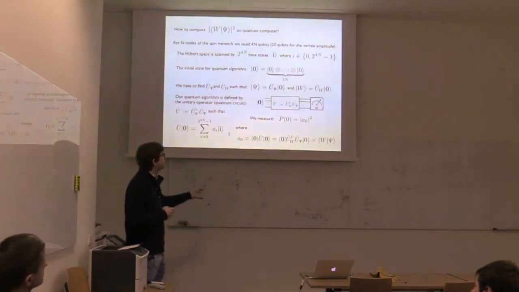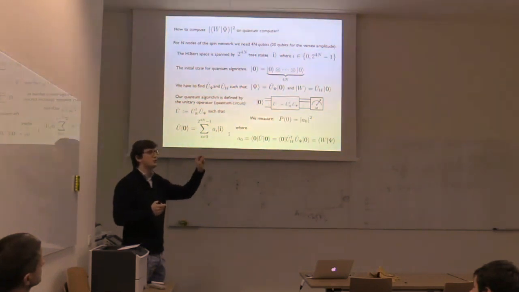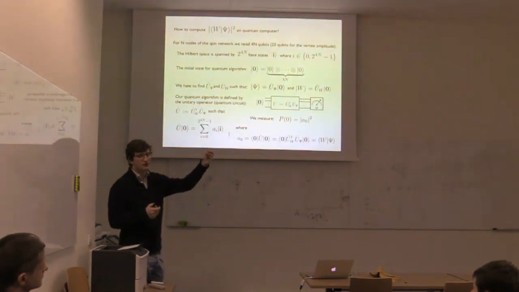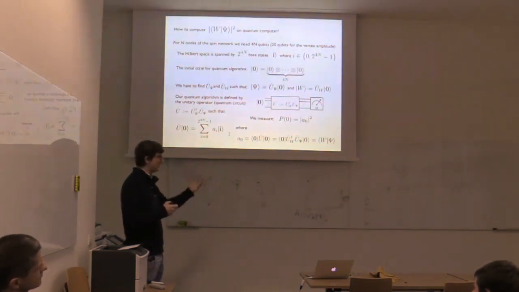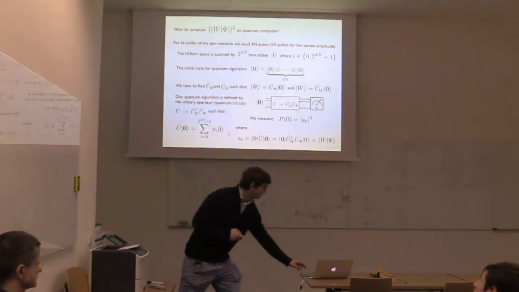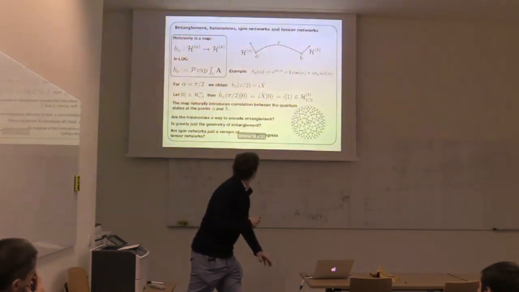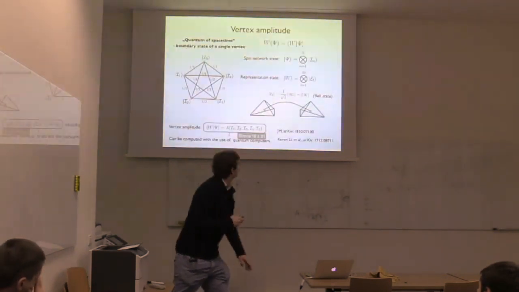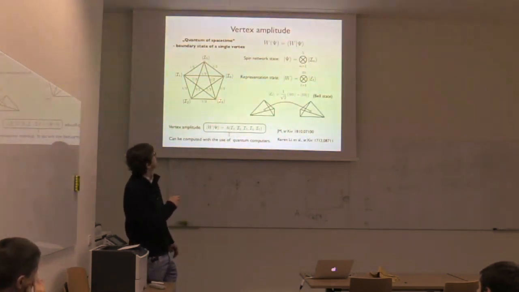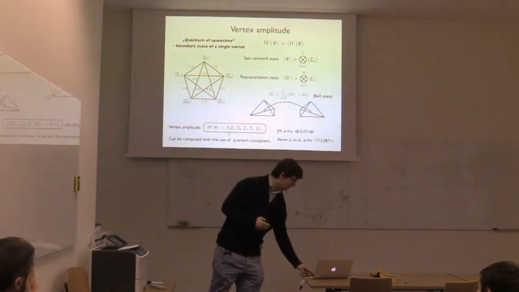For the pentagram. So if we have a pentagram, then we know that for every node we need 4 qubits, because every intertwiner qubit is encoded by 4 basis qubits, I would say, the elementary qubits. Therefore, the register to evaluate this vertex amplitude requires 20 qubits, because 5 times 4 is 20.